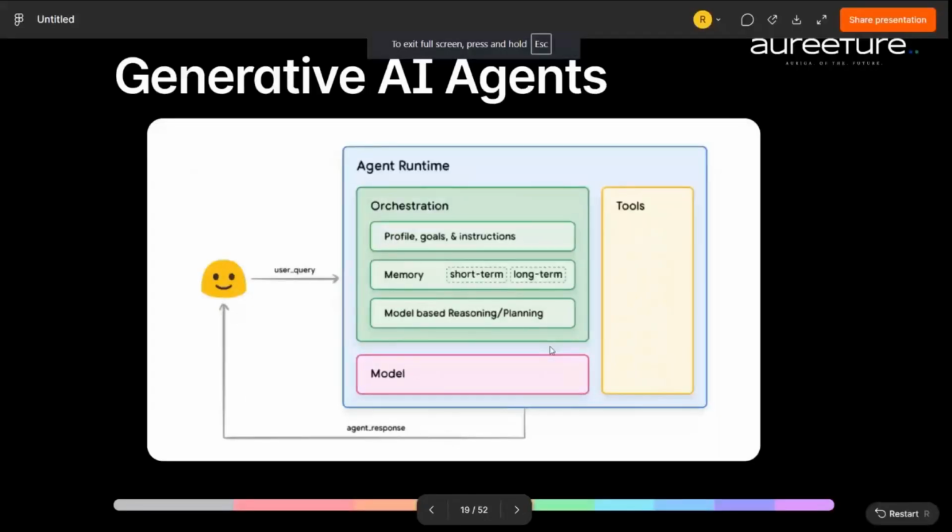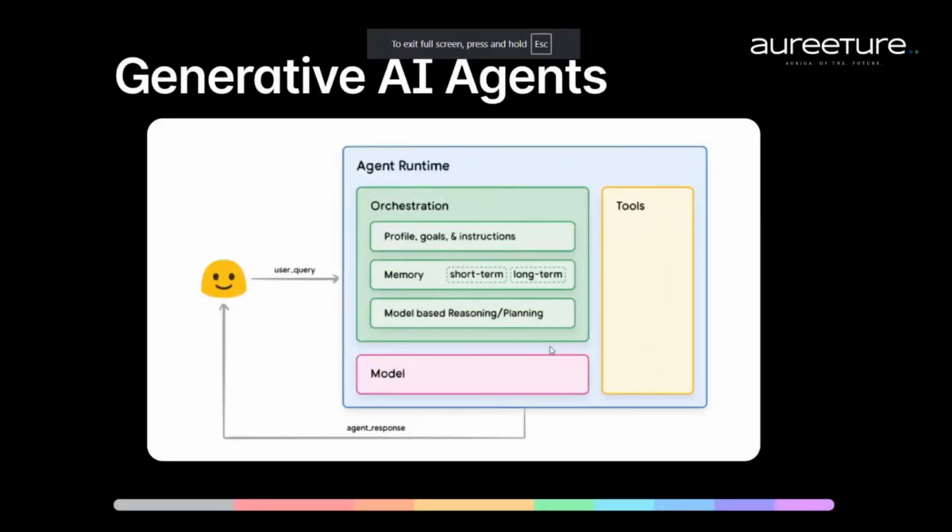So, guys, do you have any idea about agents or anything about the models, the tools, the memory? I would say that agents are nothing but an application with four main components: it could be a model, a tool, a memory, or model-based reasoning and planning.